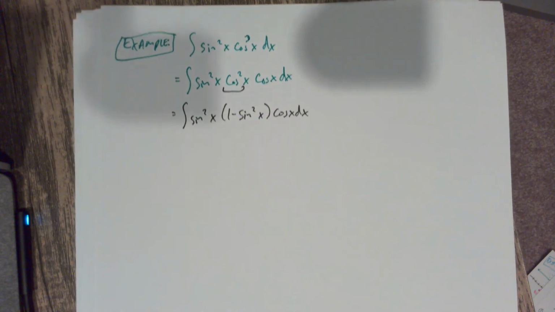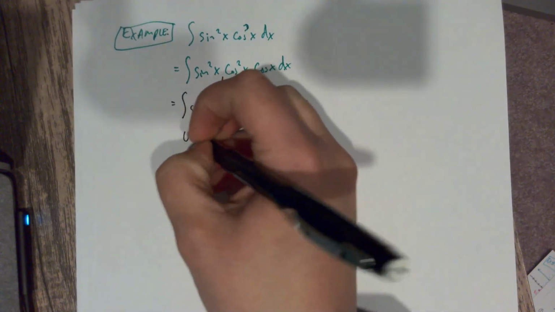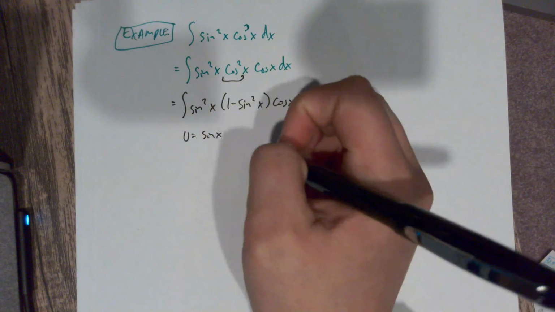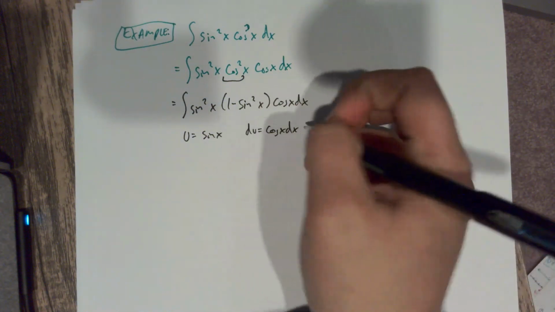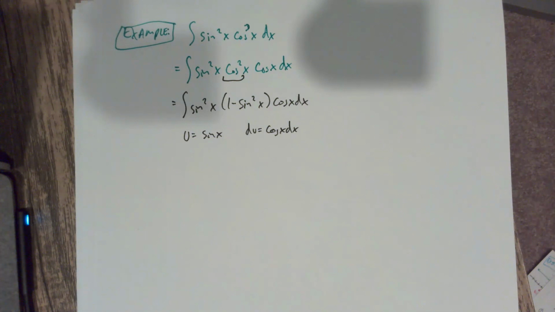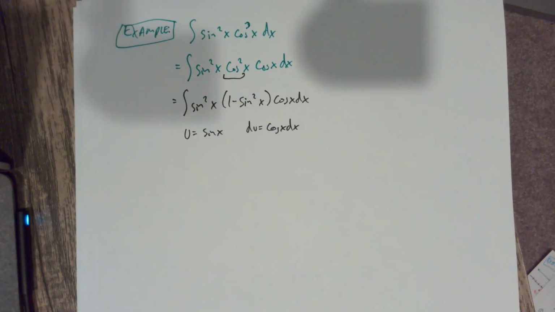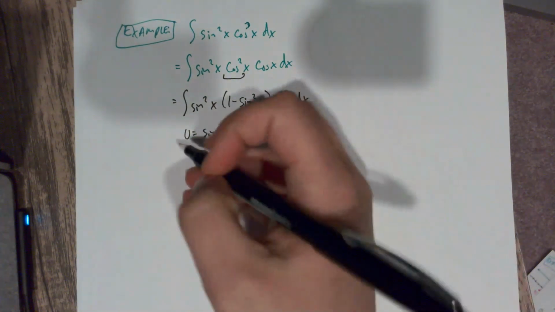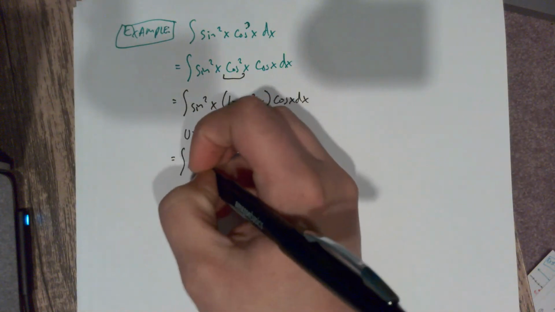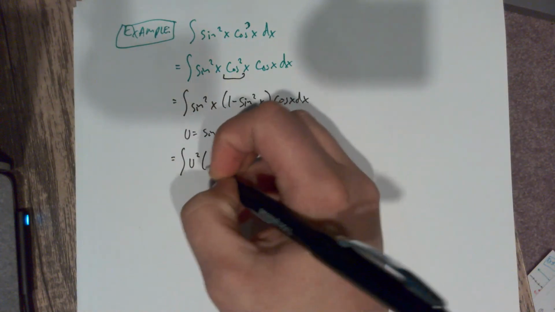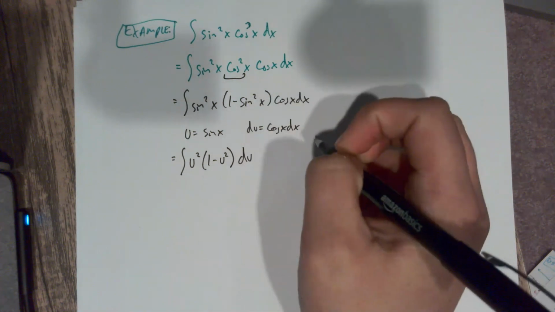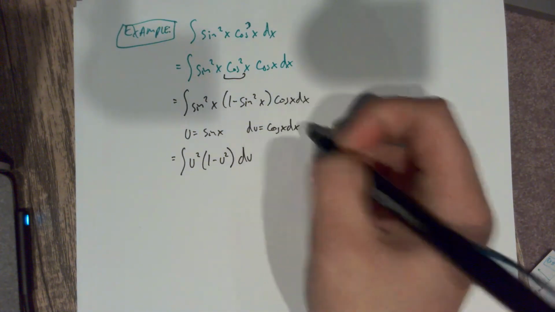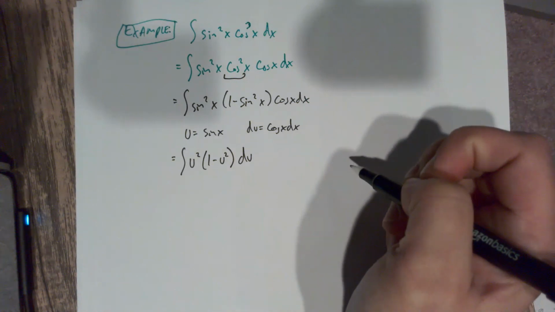Then we're going to u substitute here, where u is sine of x and du is cosine of x dx. So we have the integral of u squared times 1 minus u squared du, because that takes care of my cosine x dx.